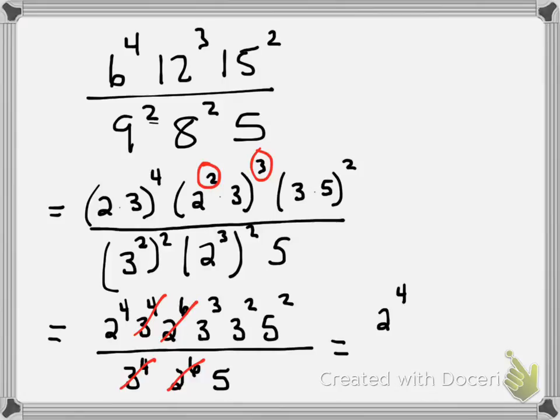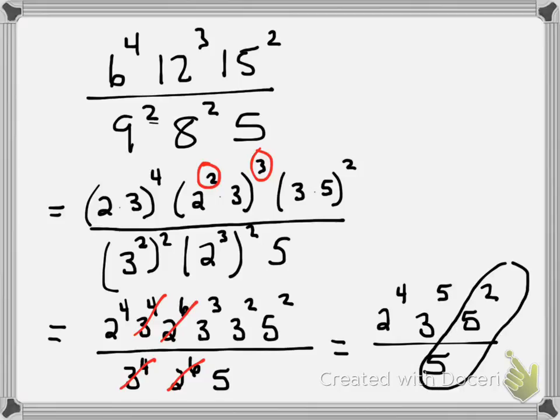Now, if I look at this, I have 3 cubed and 3 squared. Well, one of our rules said that if the base is the same, we can add the exponents. So that's 3 to the 5th. This is 5 squared over 5. Okay, now another one of our rules says that if the base is the same and I'm dividing, I can subtract the exponents.